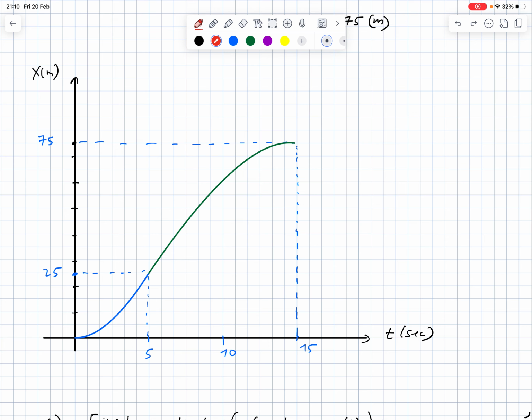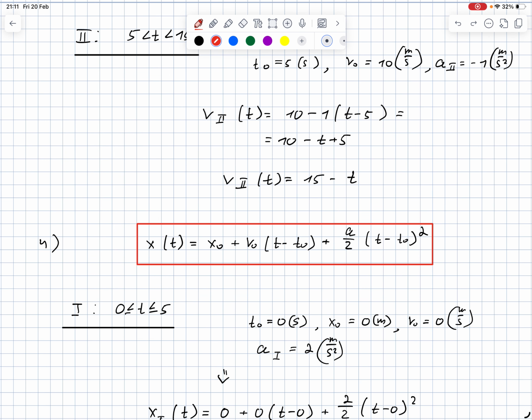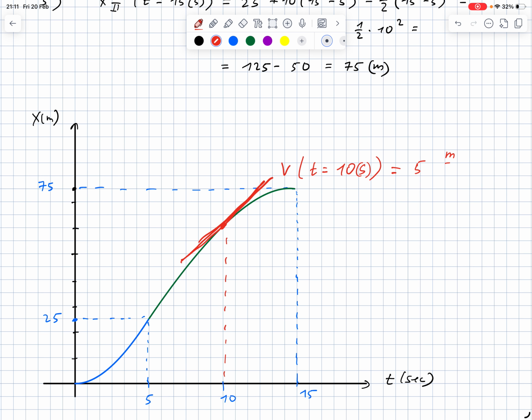Also, you need to remember that when you talk about the tangent at this point, for example, this tangent or instantaneous slope, let's call it 10 seconds, it is actually the instantaneous velocity when t equals 10 seconds, which means the instantaneous slope at this point would be 5 meters per second. 5 meters per second.